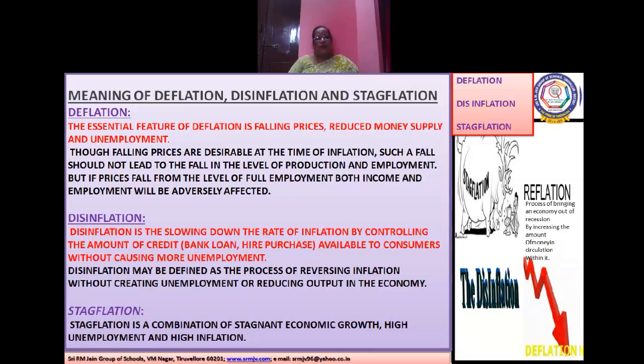What do you mean by inflation? Before all this, let us come to inflation. What is inflation? Inflation is nothing but an increase in the general price level.